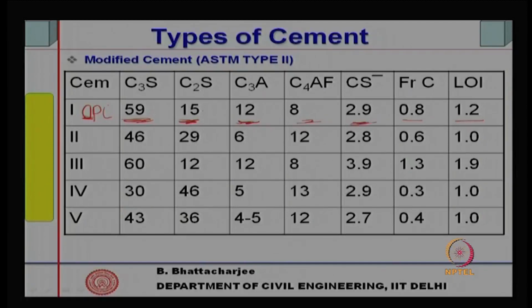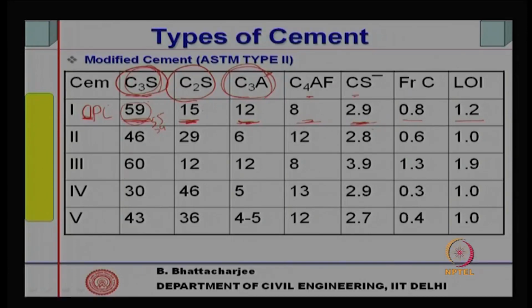Now, if we recall that high C3S means relatively high early strength. So, this is slightly higher, could be even less, something like 54, 55, etc. So, high C3S means high early strength, C2S means later strength, C3A means high heat of hydration, it contributes maximum to the heat of hydration, and this has of course much less effect.